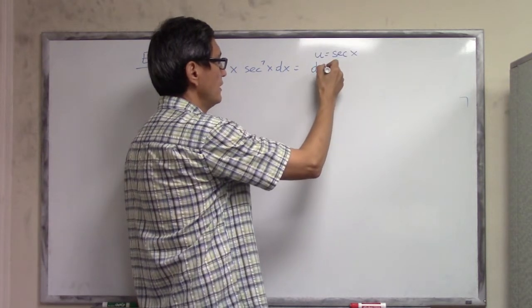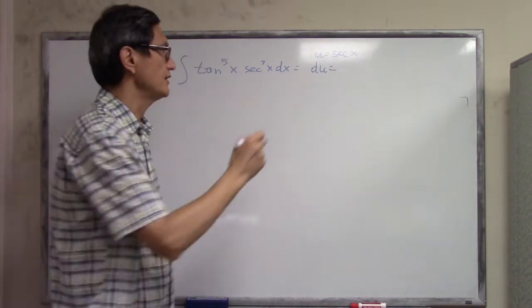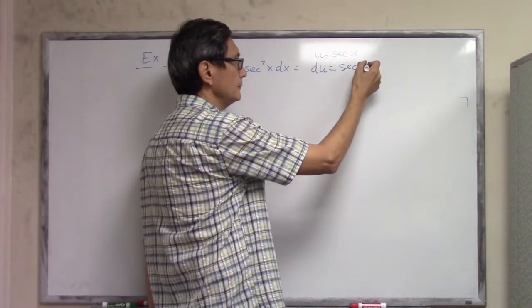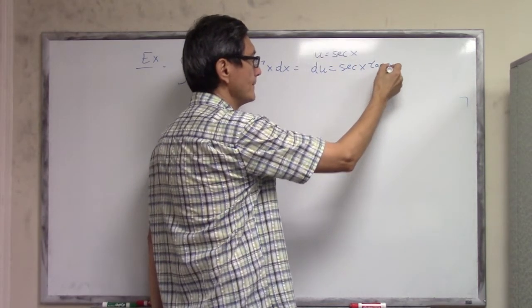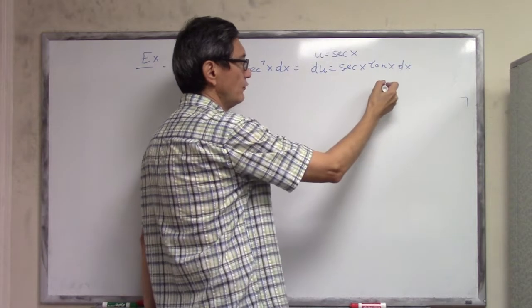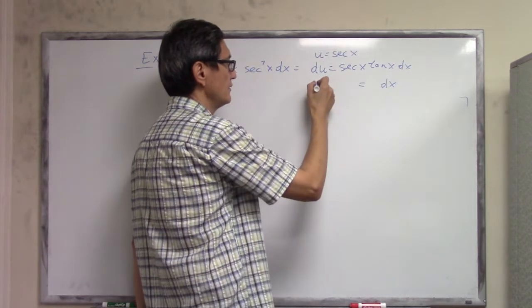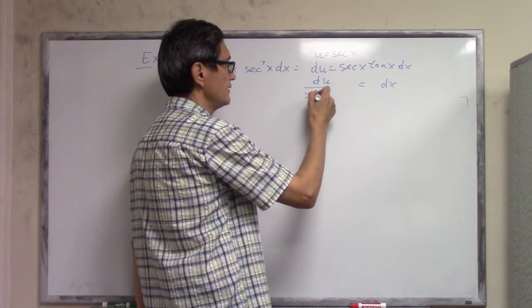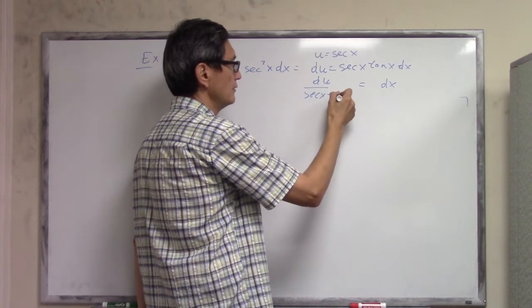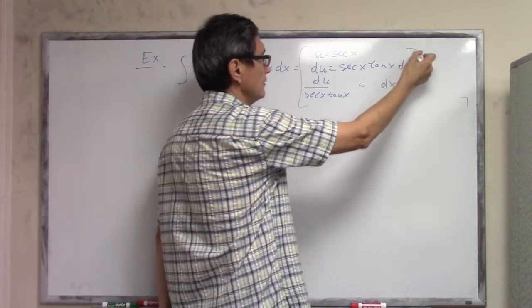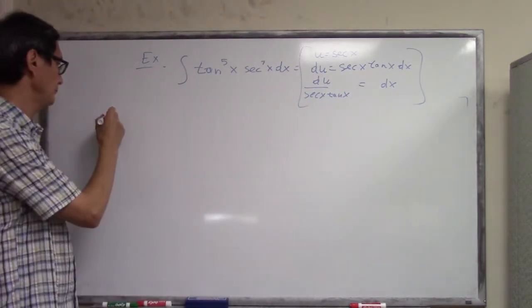Recall that the derivative of secant is secant tangent. Solve for dx. So dx equals du over secant tangent. Proceed with the substitution.